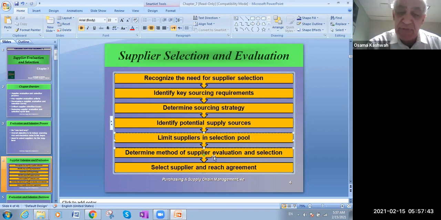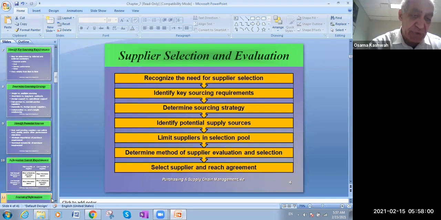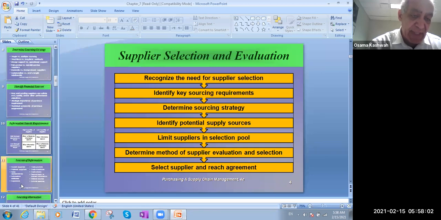Determine methods of supplier evaluation and selection, how I will select them. Select the supplier and reach an agreement at the end. Those are the points which I care about, and these are the steps which I take to choose a good supplier from among the suppliers.